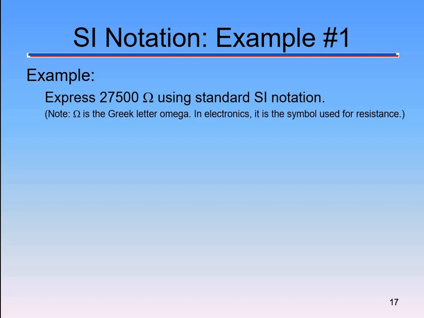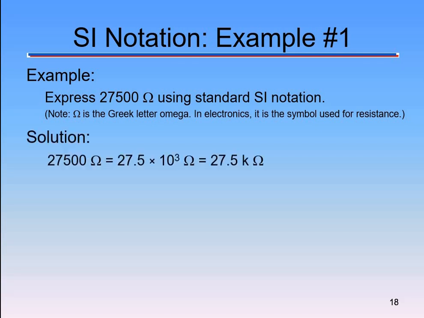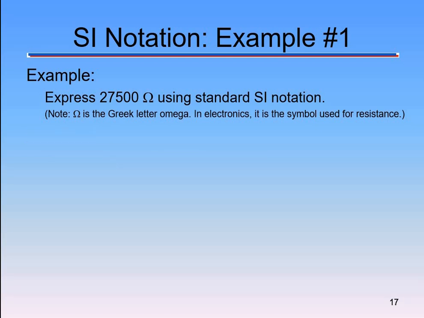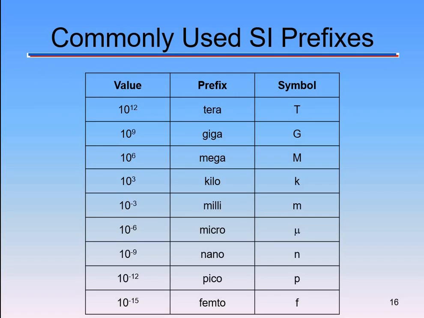So we're going to move it 3 places. When we do the engineering notation, we're going to get 27.5 times 10 to the third. How many places did we move it? 3. That's why the exponent on the 10 is 3. That's how many places we had to move the decimal. And then we take that 10 to the third, and we look back on the previous table, on the previous slide. 10 to the third is represented by kilo.